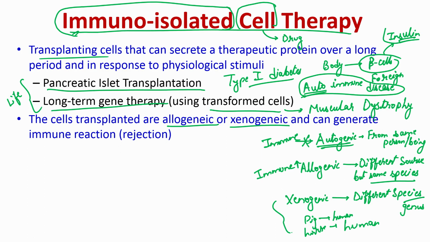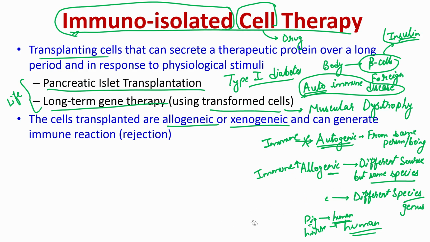Because they are so different from your original species, the pig cells have a lot more differences than a human cell. Allogenic cells, even though not from the same person, are still very close to what you have in your body, but xenogenic is so far away that the immune response goes much higher, and this is the most difficult to get accepted in the body. So, that is what allogenic and xenogenic mean.